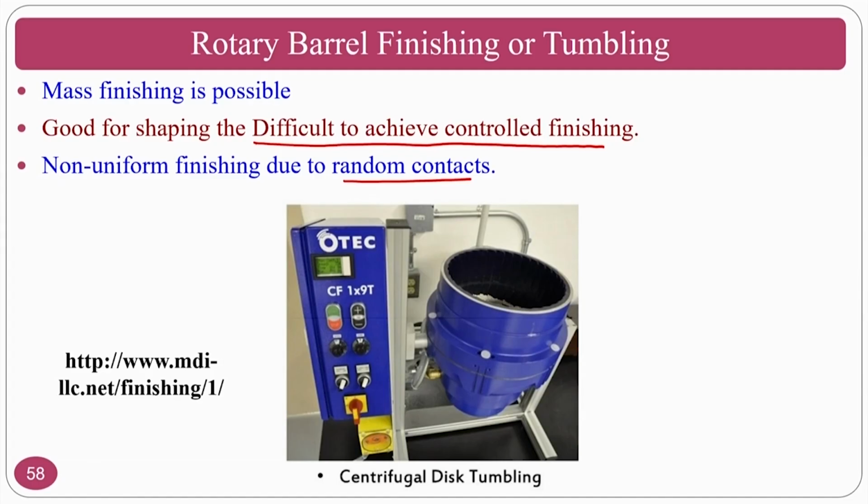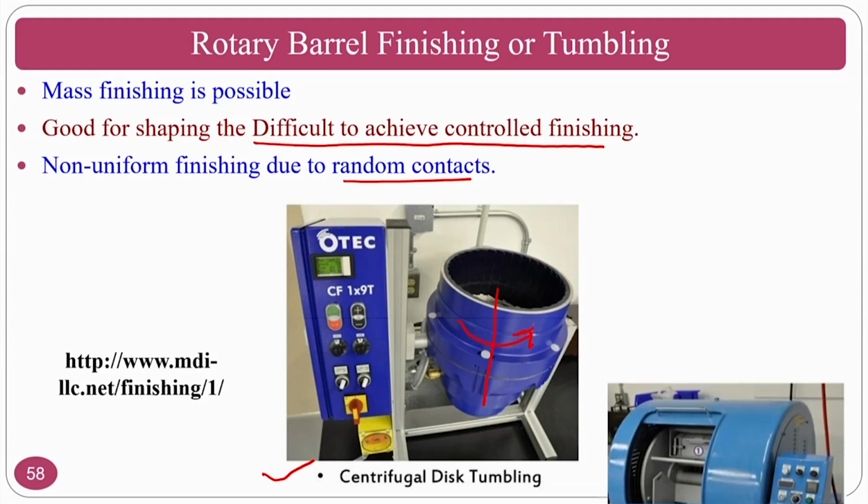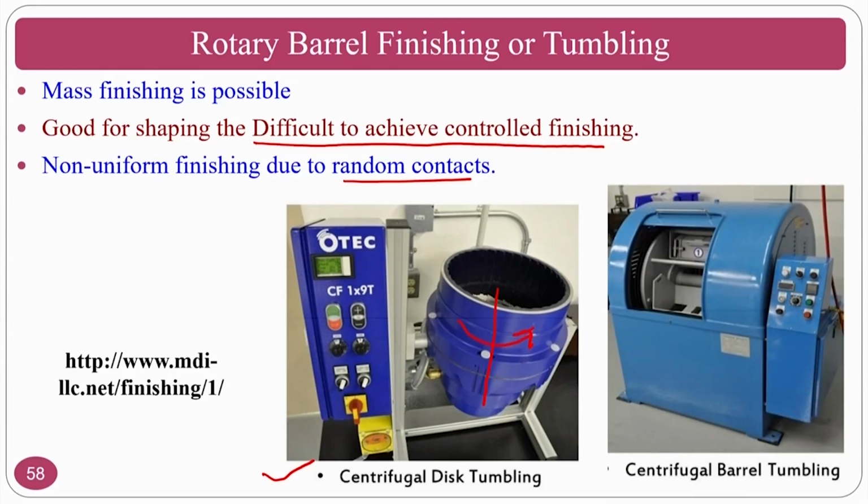The first variety of this is the centrifugal disc tumbling process, where it is a vertical axis. This is a vertical axis about which all parts and abrasive particles will be rotated. The other version is a horizontal type. One is the vertical type, wherein it rotates about a vertical axis, and another is horizontal.